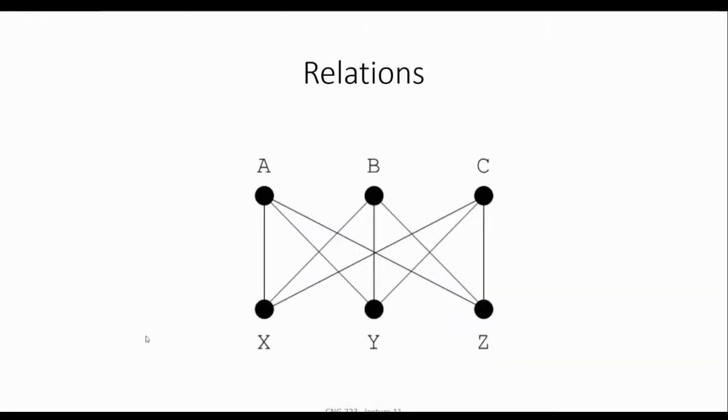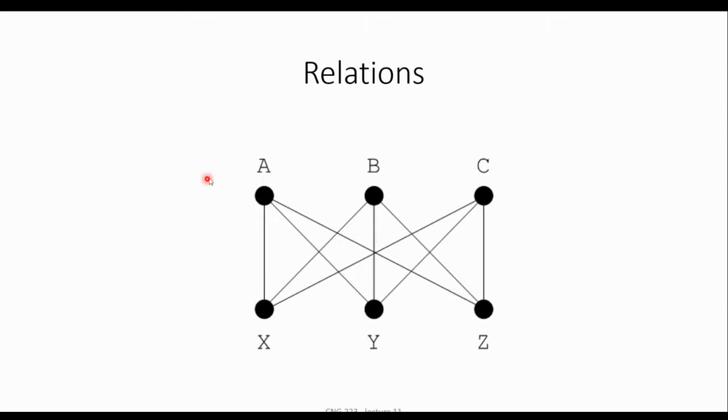So what do we mean by relations in mathematics? We can define it by using sets. If you consider A, B, C as elements in one set and X, Y, Z from another set, we can show the relation between them by using these edges.